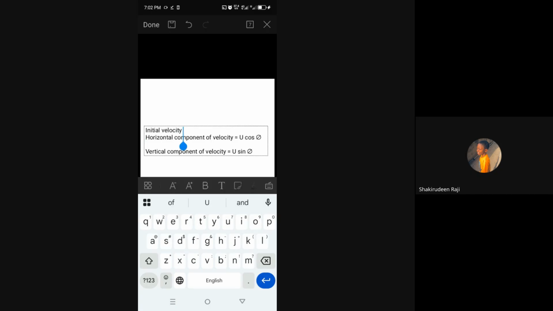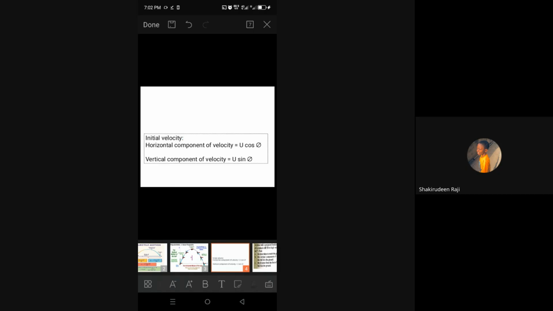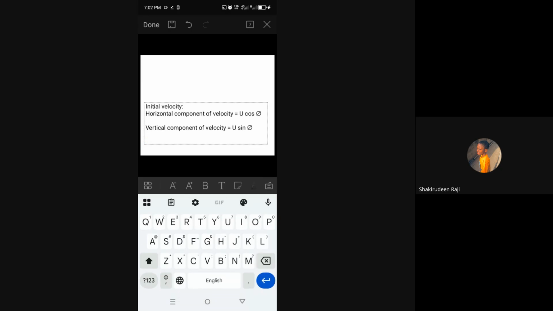So this is a resolution for initial velocities. But at any other interval, apart from when it's just beginning its motion, is the one I've given you just now. When it's moving upward, I gave you. When it's moving downward, I also gave you.